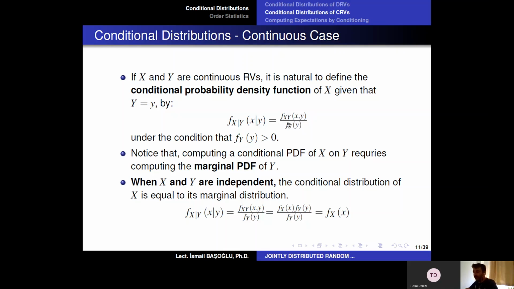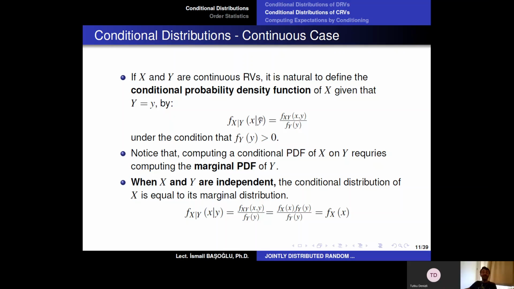So if you observe that y is equal to y, then divide the joint probability density function by the marginal density value of y at y. You are basically plugging in the value of y everywhere, and that ratio function for the given value of y is just going to be a function of x. It's not going to be a function of y because y is given. You are just going to plug in that specific value there.